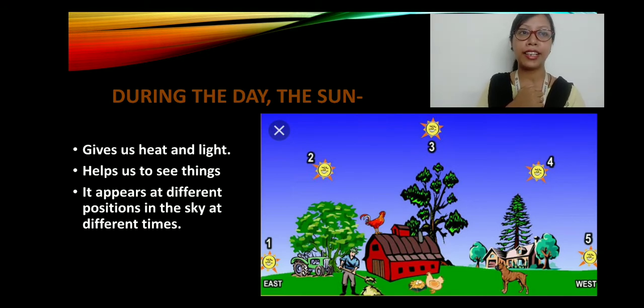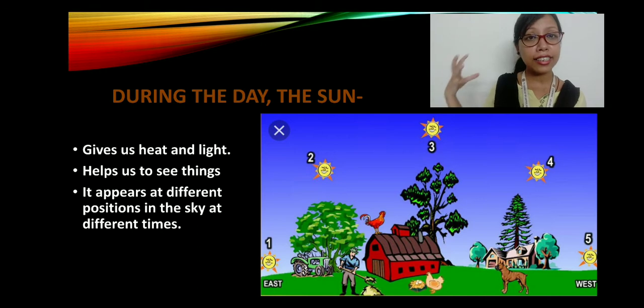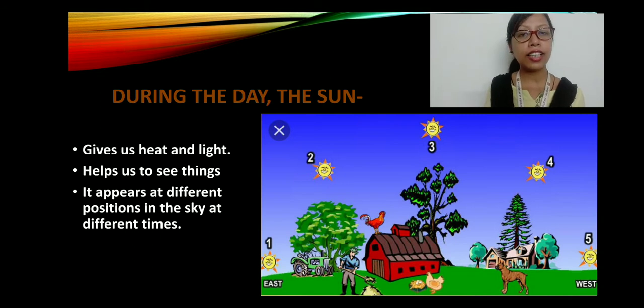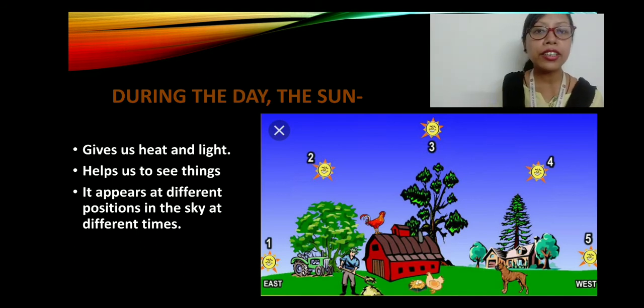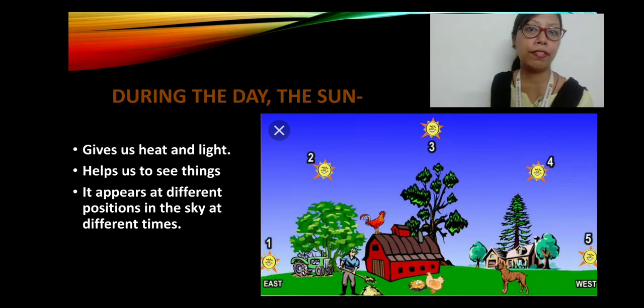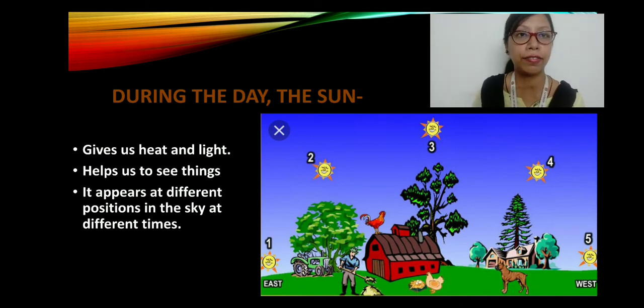We have to light a candle or a diya, right? So to remove the darkness. Therefore, the sun gives us light, and as it gives us light, it gives us heat also. And this light helps us to see things around us.